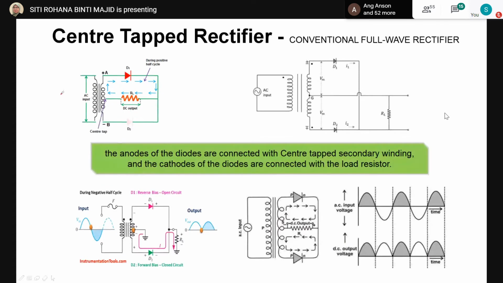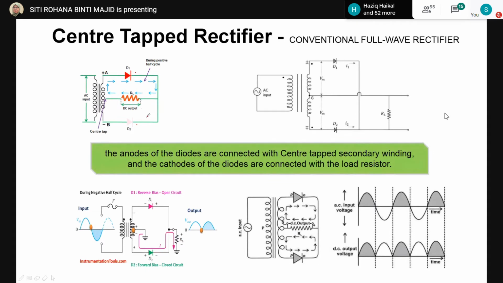We can see in this diagram they have two diodes, D1 here and D2 here, and in between these diodes is separated by one load.